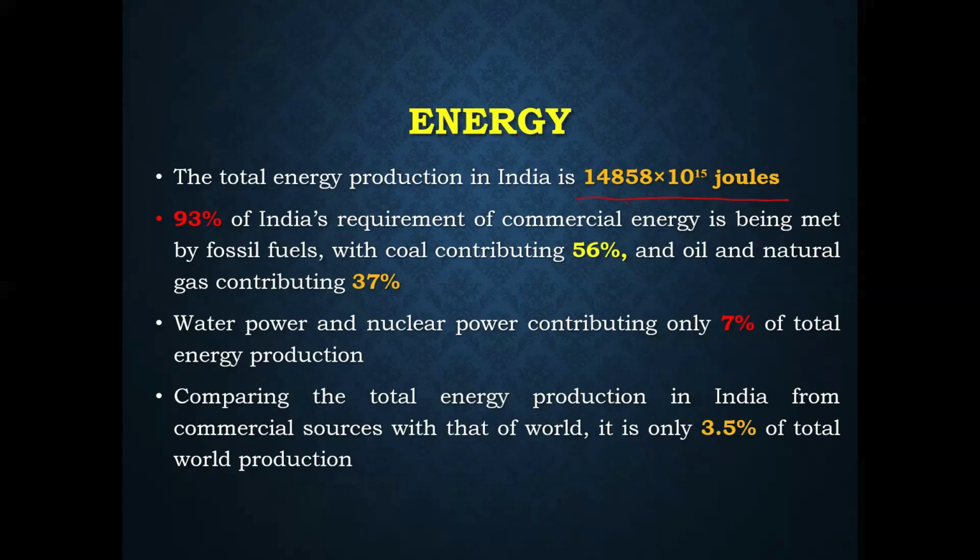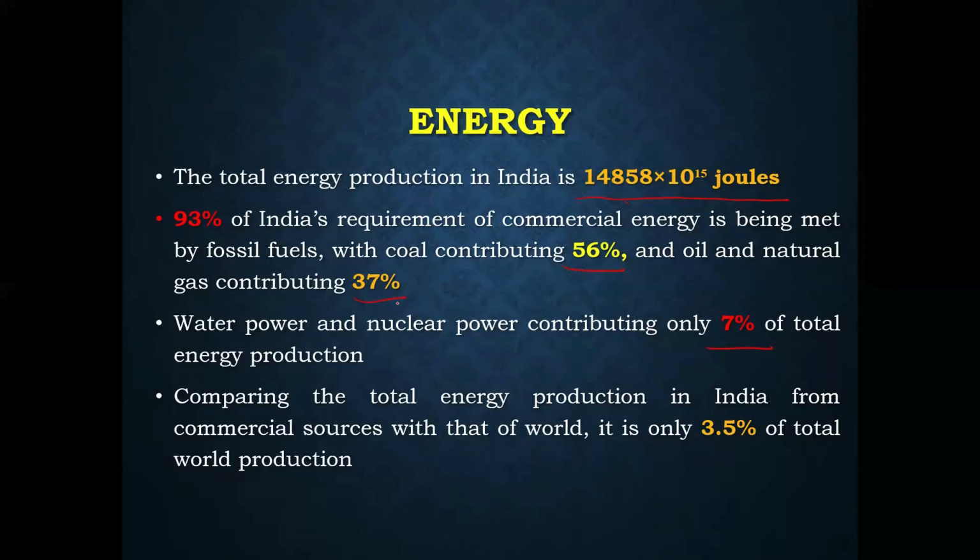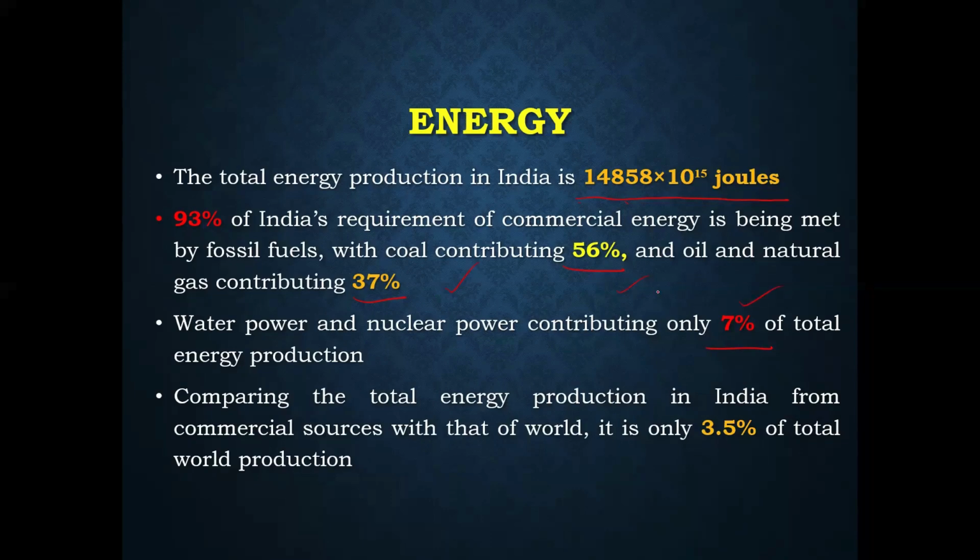Okay. Now, out of this 93%, coal is contributing 56%. Then oil and natural gas is giving 37%. Then water and nuclear power is contributing 7%. So 56 plus 37 plus 7, altogether it is 100%.